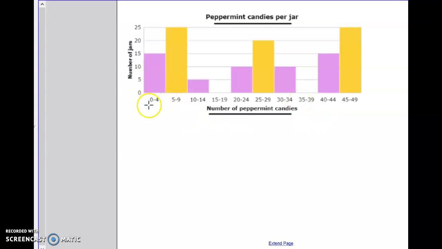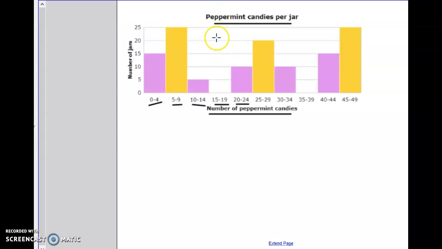This is an interval, or a group, of 5, and this is a group of 5, and this is a group of 5, and so on. All of those are groups of 5. And then on the vertical axis, 0, 5, 10, 15, 20, and 25 stand for the number of jars.